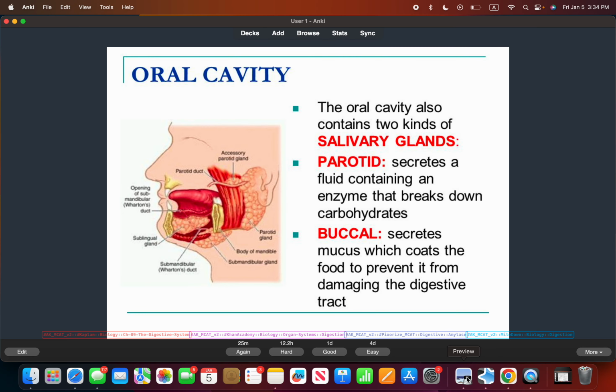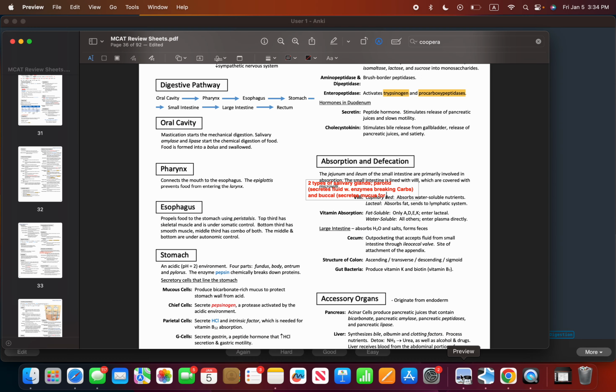Because you don't need to protect the food. So mucus coating for the GI tract, gastrointestinal tract, GI tract protection.